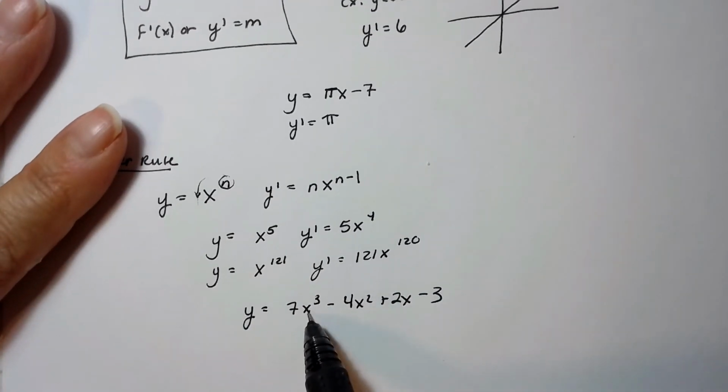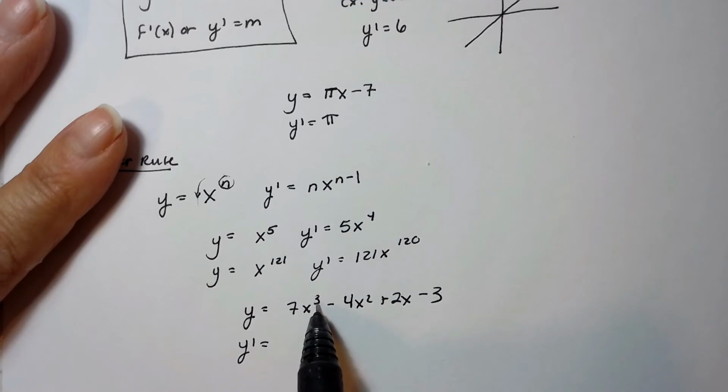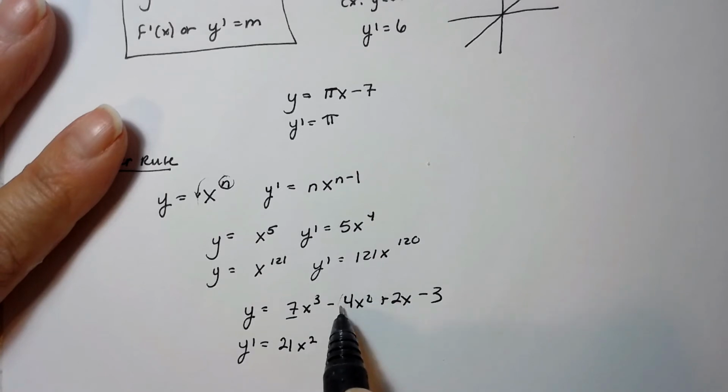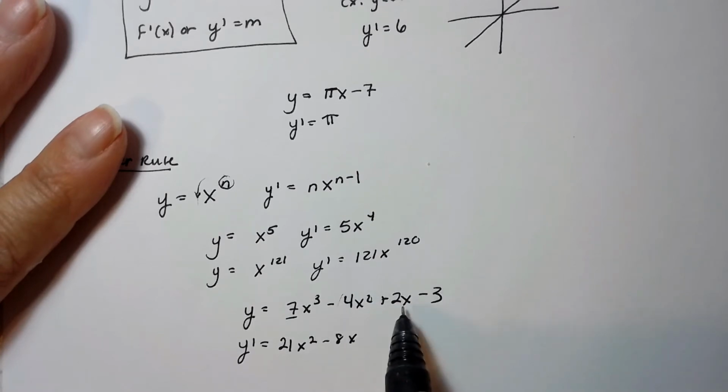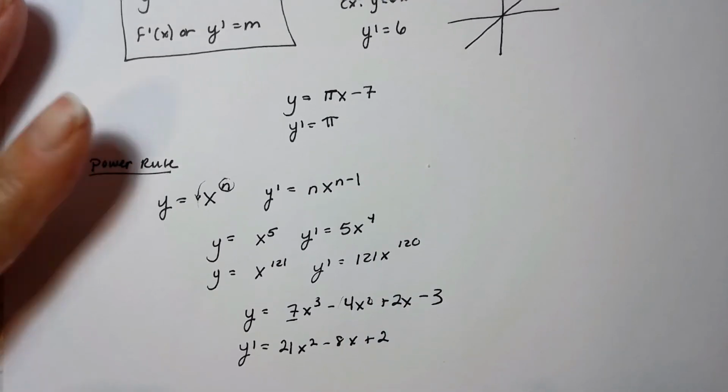When you have a polynomial, you take the derivative term by term. So y prime: I'm taking the 3 and bringing it down, but I have to multiply it by the 7, so it'd be 21x squared, minus 8x. The derivative of x is 1, so just plus 2, and the derivative of 3 is 0. So the derivative of that cubic function is a quadratic.